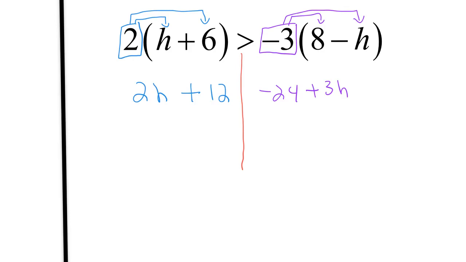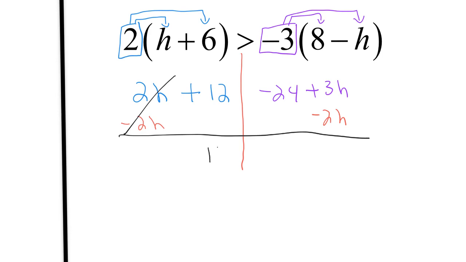So let's get the variables on the same side. The smallest term with the variable is here. 2h is smaller than 3h. So I'm going to do the opposite of 2. That's going to be a minus 2h here. So you subtract 2h over here. When you do that, you cancel the 2h on this side. You bring that to positive 12.